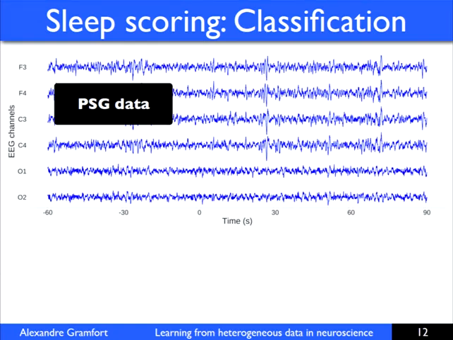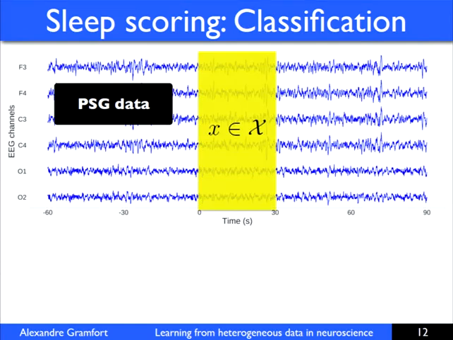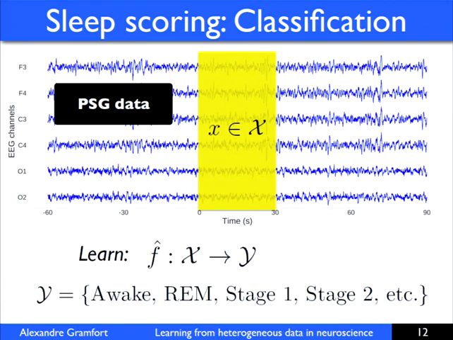You have multiple sources of data, and the game is the following. You have some input time series for 30 seconds, and you want to predict a class which is either awake, rapid eye movements, or stage 1, stage 2, or stage 3, which are the different stages of sleep. You can see this as a multi-class classification problem.